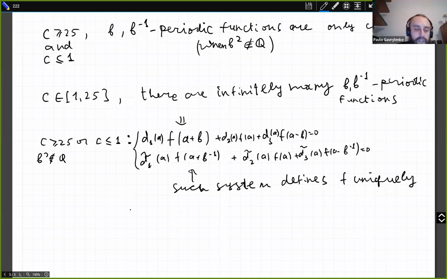And this f can be a structure constant. This can be a fusion kernel.